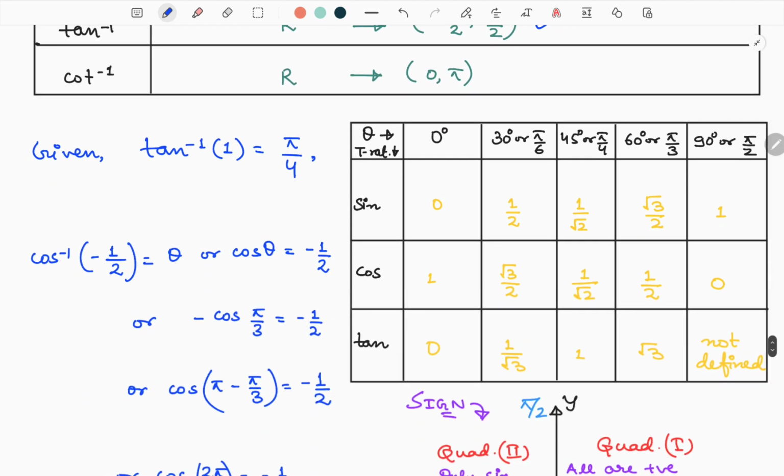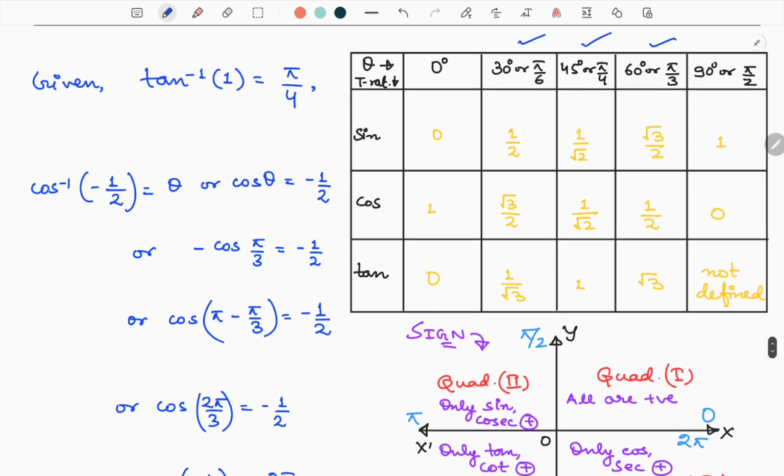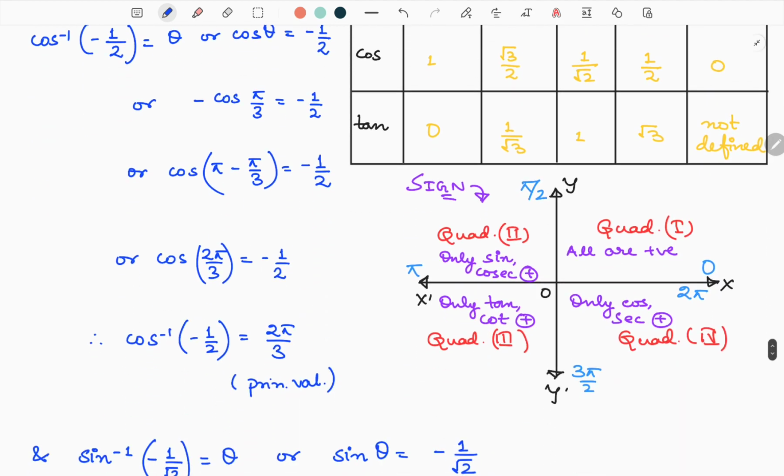And along with that you should also know the particular values of sin theta, cos theta, tan theta at standard angles, that is pi by 6, pi by 3, pi by 4, and so on. And you should also know the signs of the trigonometric ratios in various quadrants.